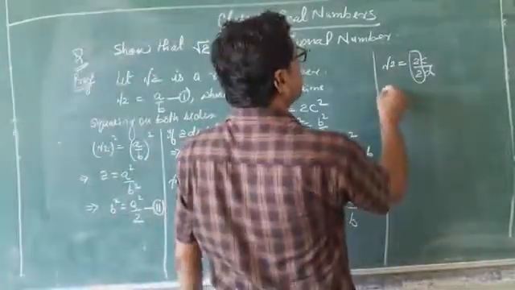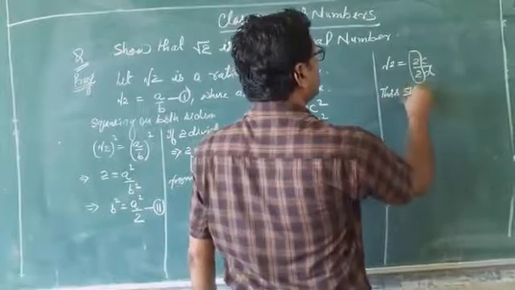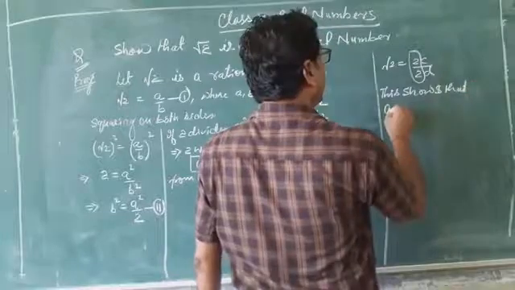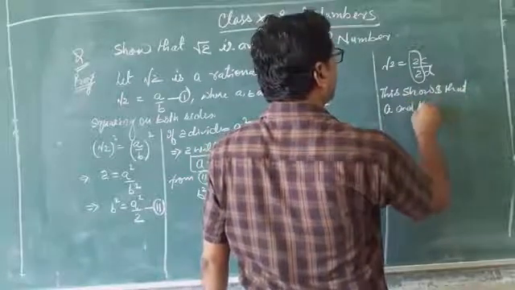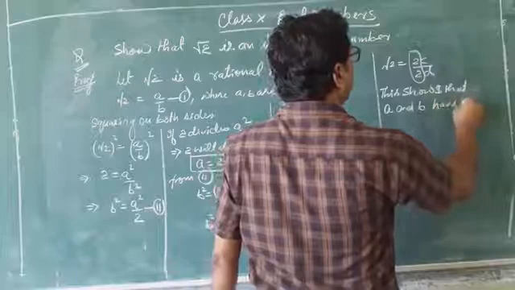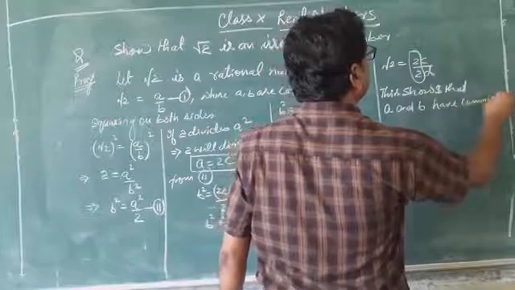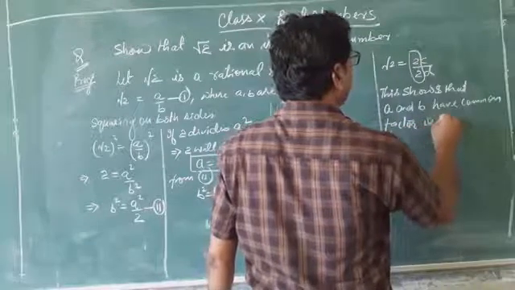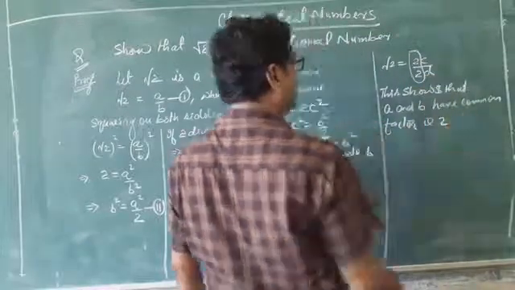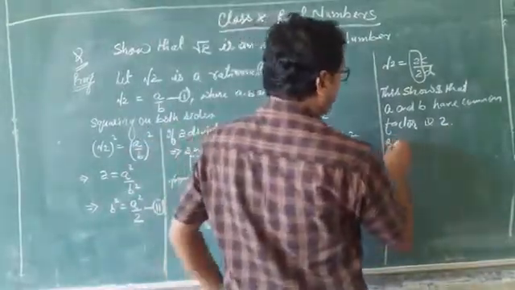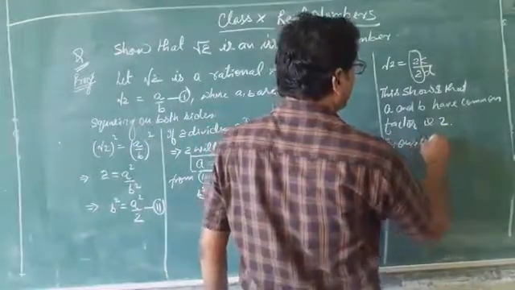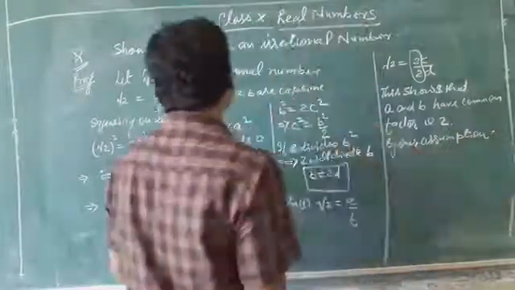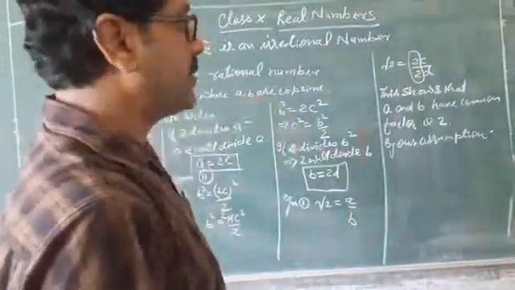So this shows that a and b have a common factor, that is 2. By our assumption, which becomes wrong, root 2 is not a rational number.